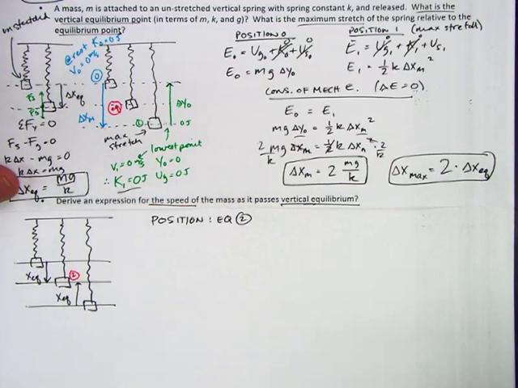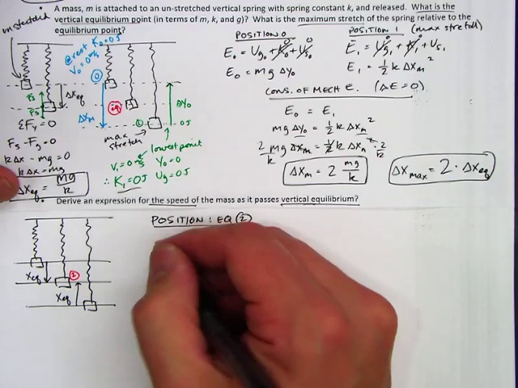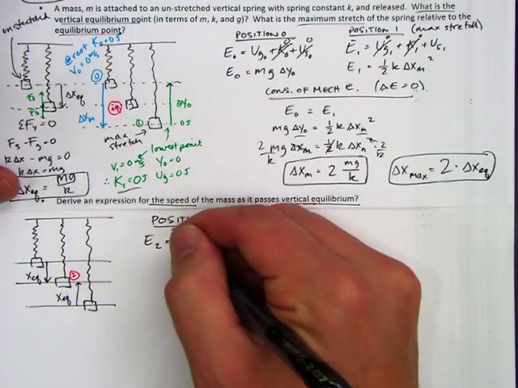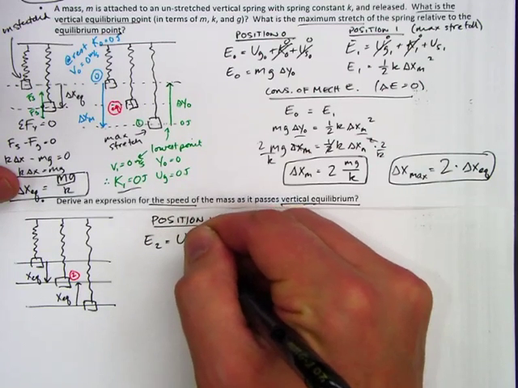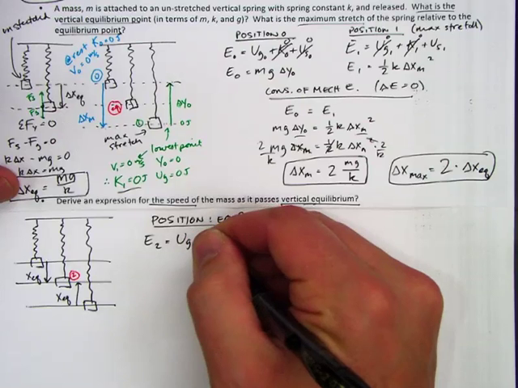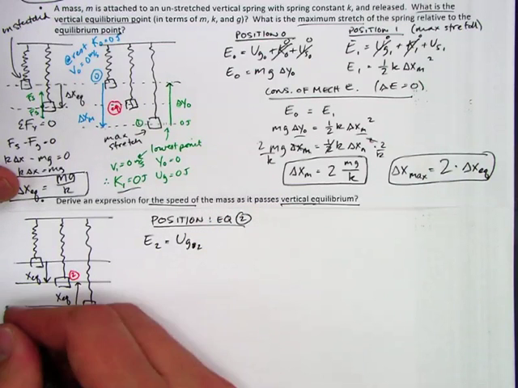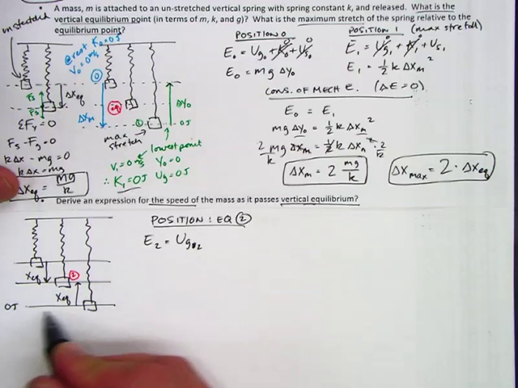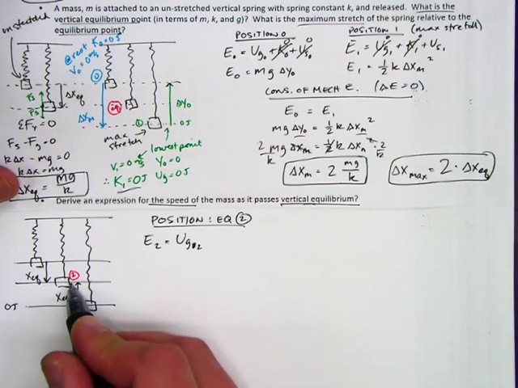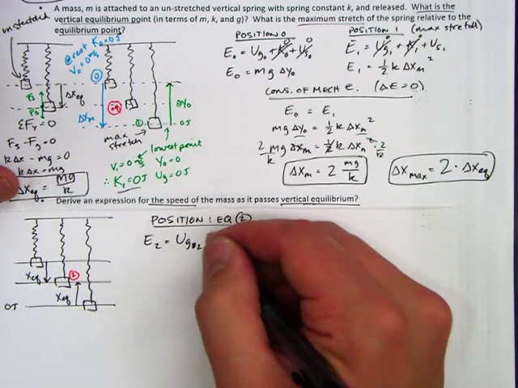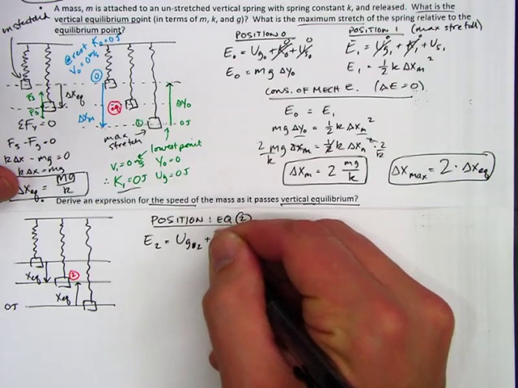So at position 2 at equilibrium, the total mechanical energy will be the gravitational potential, U_g2, at 2. Now, since the lower position here, the max stretch position, is our zero potential, I do have some gravitational potential at position equilibrium relative to my lowest point, so I have to include that, plus the kinetic energy at 2.